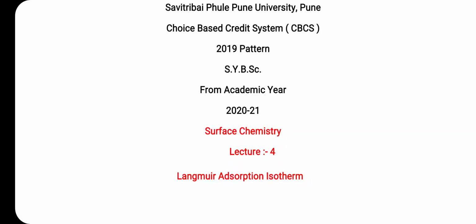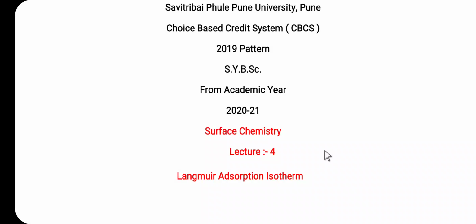The Freundlich adsorption isotherm gives the relationship between the amount of substance adsorbed, that is the extent of adsorption, with concentration or pressure at constant temperature. In the Freundlich adsorption isotherm, K and n are the empirical constants, and their values are calculated by using it.